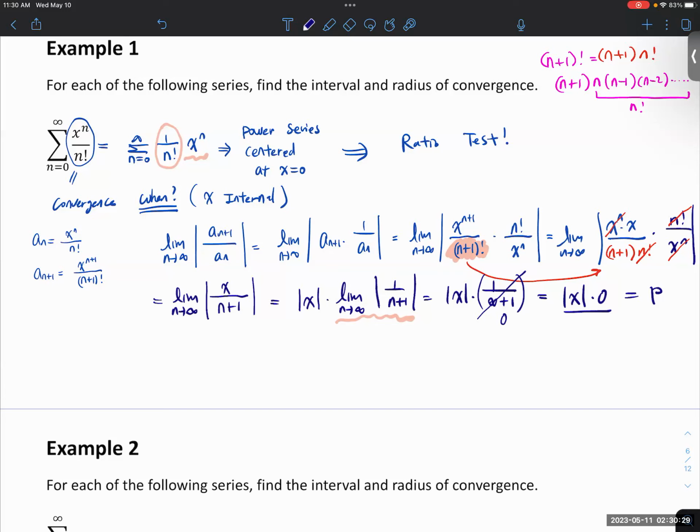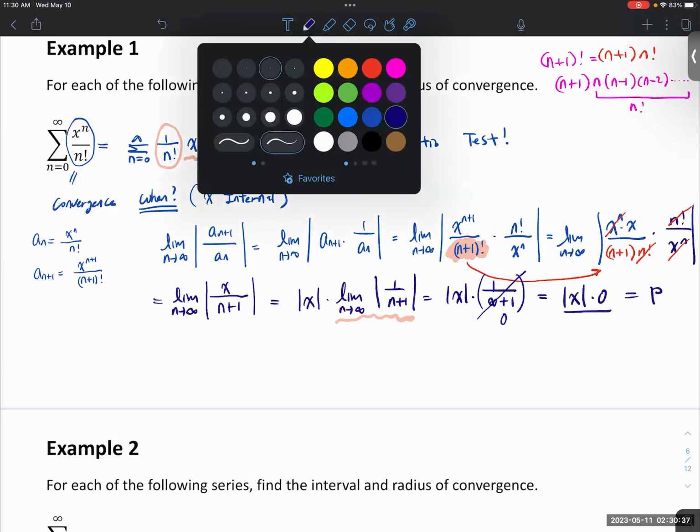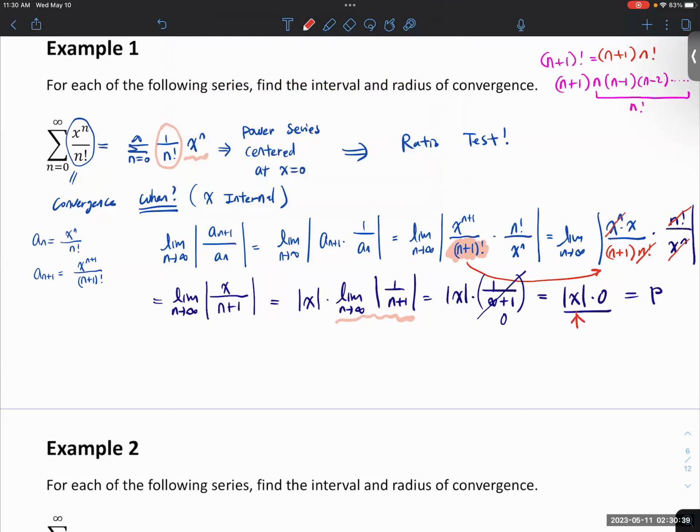Correct? And then I want to find out where the power series is always convergent. What happened is we have to think about very carefully. What do you guys think? No matter what x is, this is always a 0, isn't it? No matter what you multiply by 0, it's a 0.